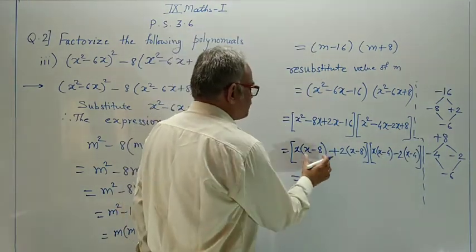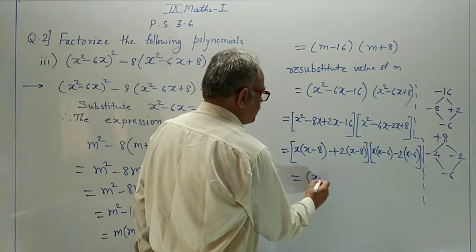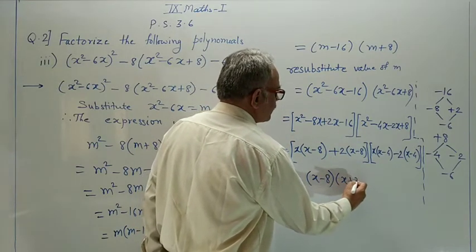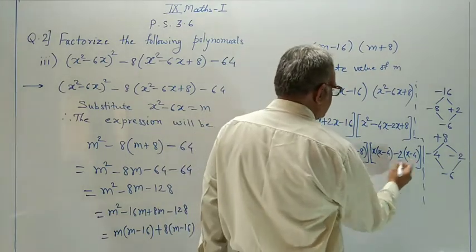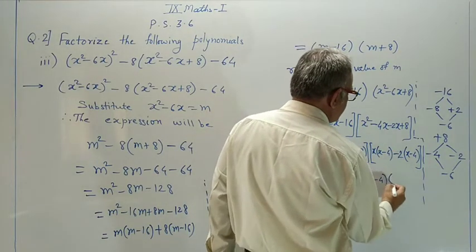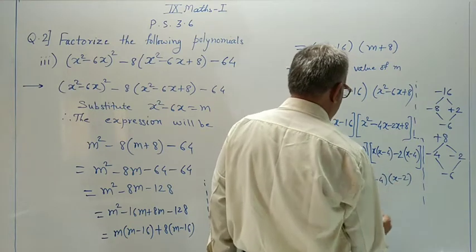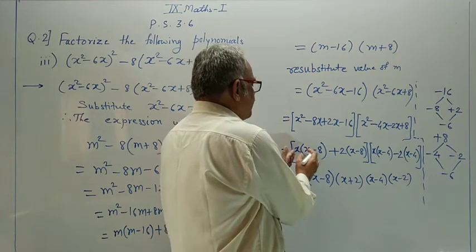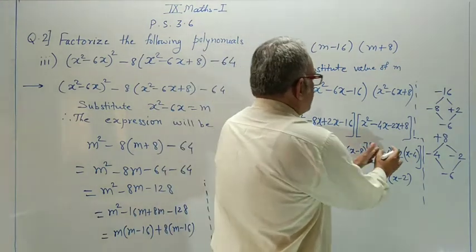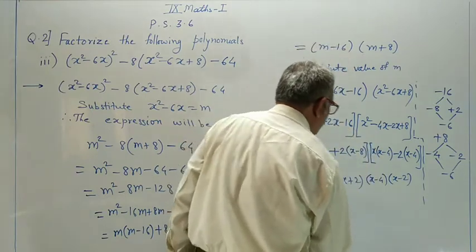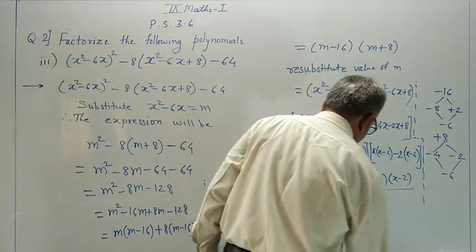Now from this bracket, x − 8 is one factor, x + 2 is the second factor, and from this x − 4 is taken and only x − 2 remains, so another bracket is not required. These are the 4 factors, the expected factors.